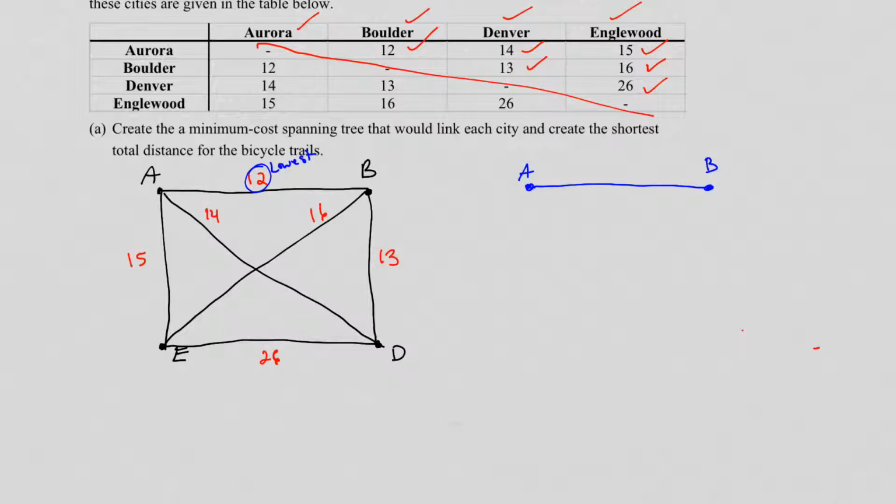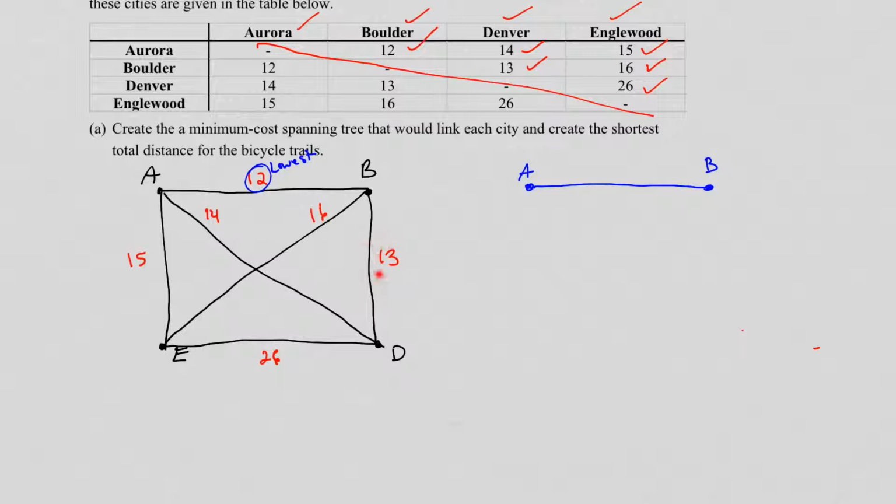Now, between B and D, which one's the cheapest? So to go down to D, to go down to the bottom half of the graph, we either go down 13 or we go down 15.